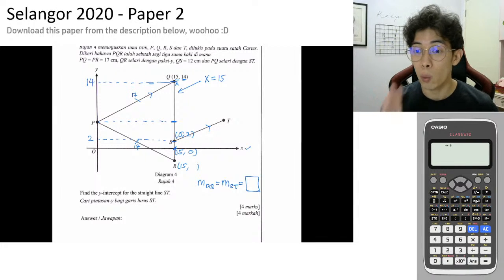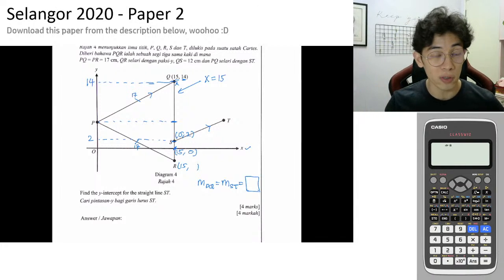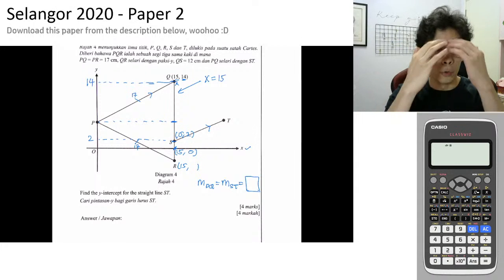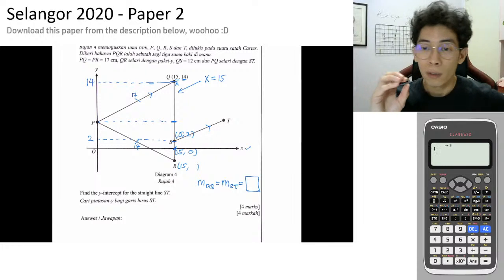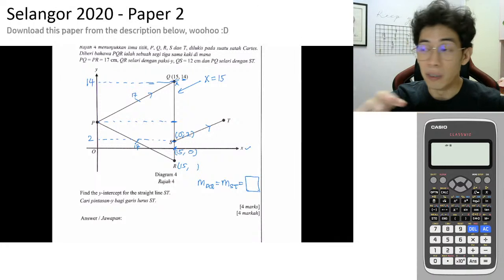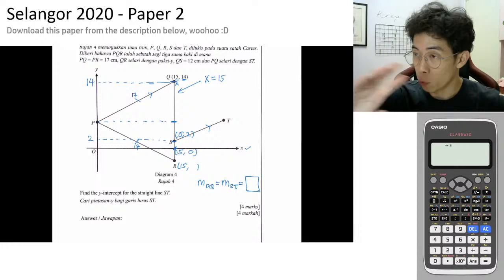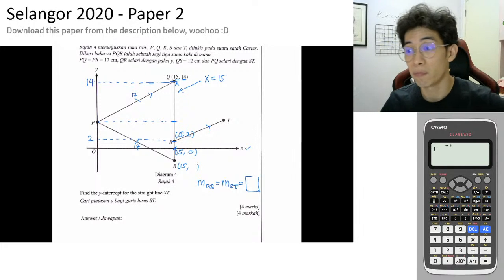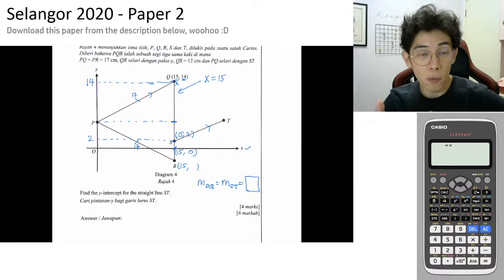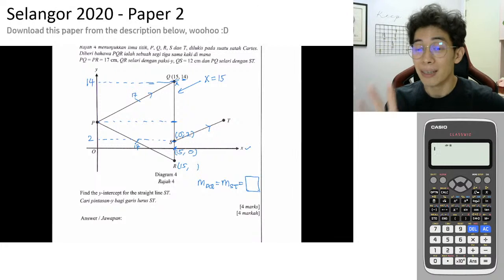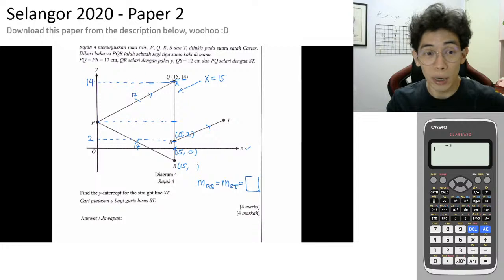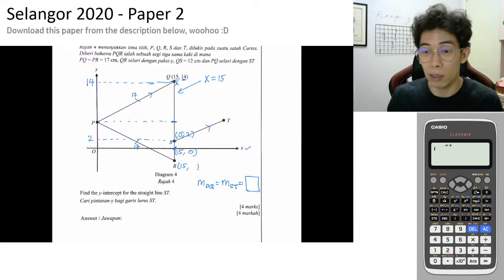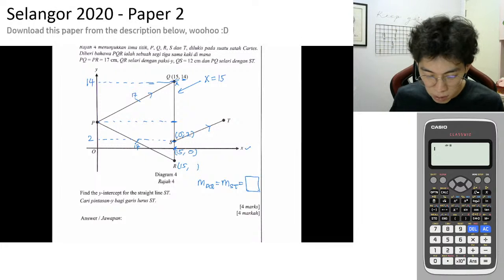Because the usual y equals mx plus c, if you go through your state paper, you notice that they always give you part A, part B. They give you like solve the equation, solve the x-intercept, everything, but this one doesn't have. They give you y-intercept only, but everyone, it's the same way, it's just that the way they ask is a bit unexpected. Okay, don't get scared, we go through it and see what they want.